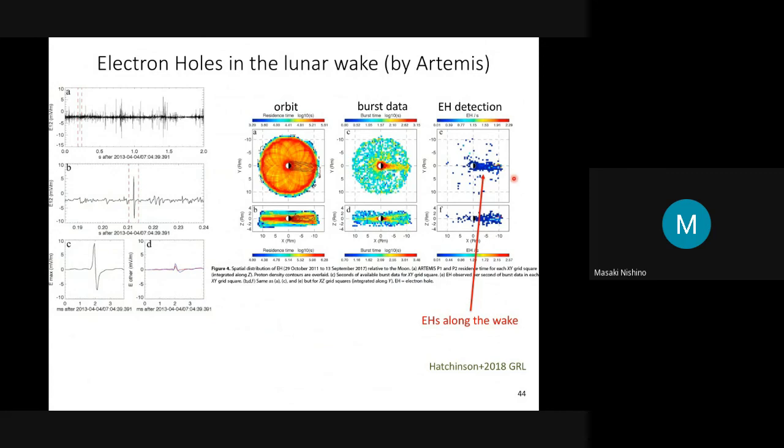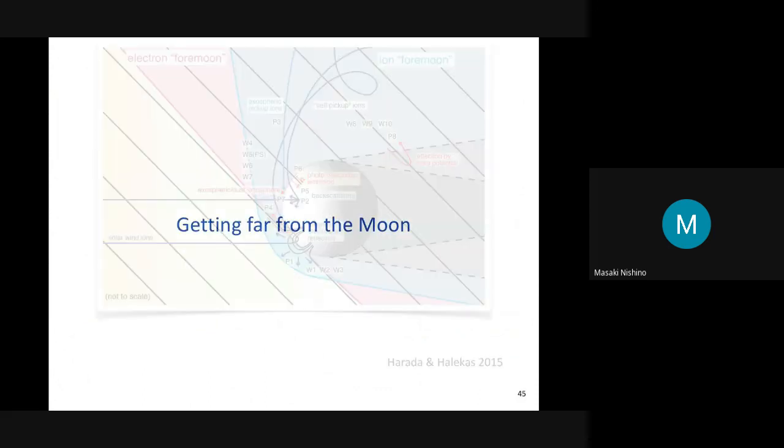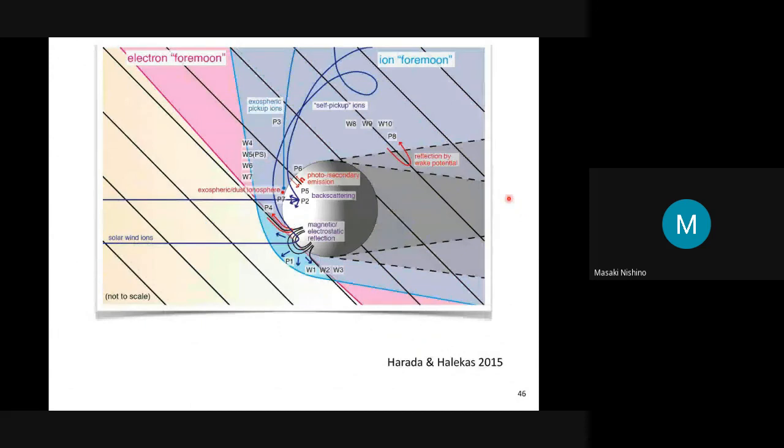The lunar wake is elongated, as shown here, and some electron hole structures were detected. Getting far from the moon, this is from Harada-san and Jasper Halekas's review article.